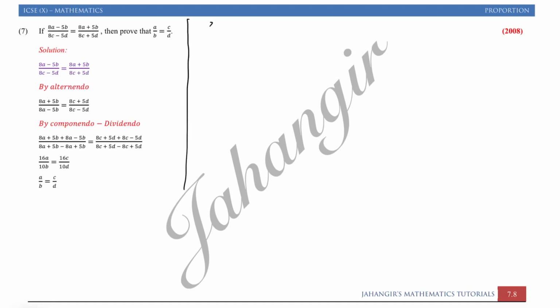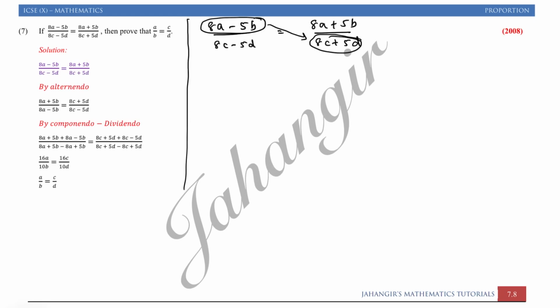If 8a minus 5b upon 8c minus 5d is equal to 8a plus 5b upon 8c plus 5d. So what we will do, we have to always keep positive term in numerator. So for that we will shift these two terms.